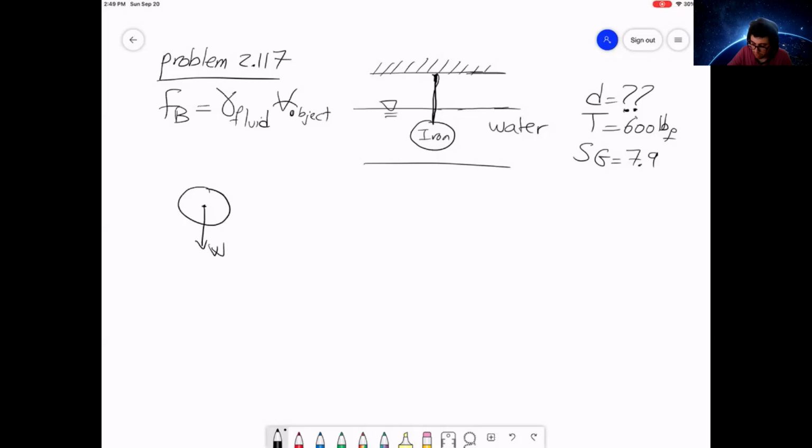Buoyancy pushing up, FB. And what else? Is that a cable? Then tension, right? Yes, you have tension in the cable, which is 600-pound force.